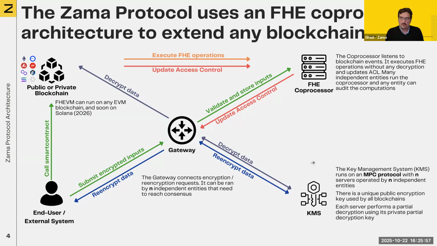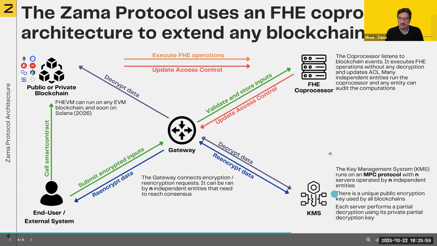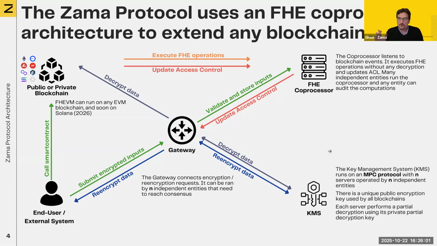So it's two things. The first one, on the MPC side, we talked so far about encrypting data and manipulating encrypted data, but obviously, if my balance is encrypted and I want to know my balance, I need to be able to decrypt it, right? In our approach, there is just one encryption key. It's public.